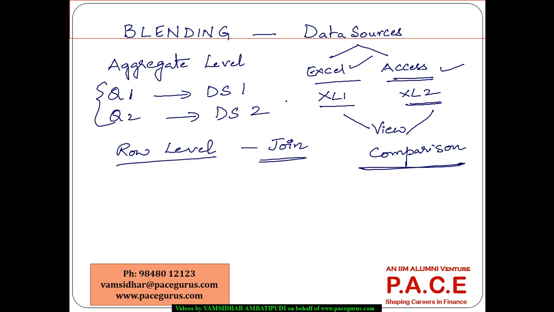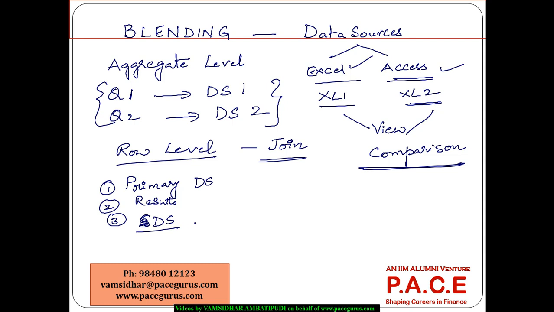So in this blending, we are not talking of one single step. There are multiple steps. A separate query is going to each of the data sources. So first we identify what is the primary data source. So the query first goes to this primary data source. So that primary data source returns the results. Then the queries start going one by one to the secondary data source. Right? Then another query goes to the secondary data source.